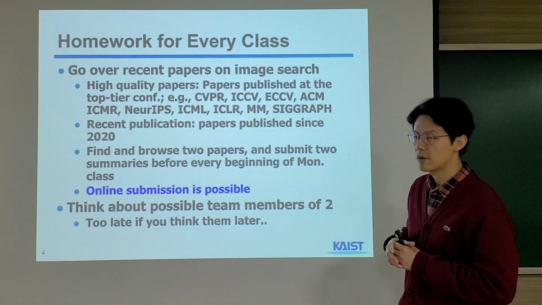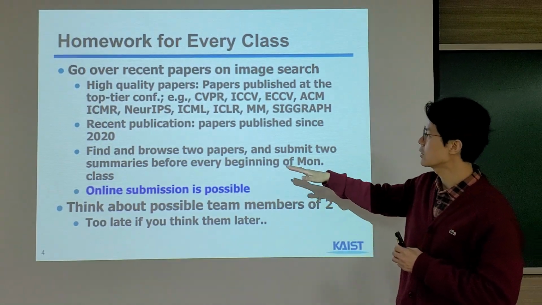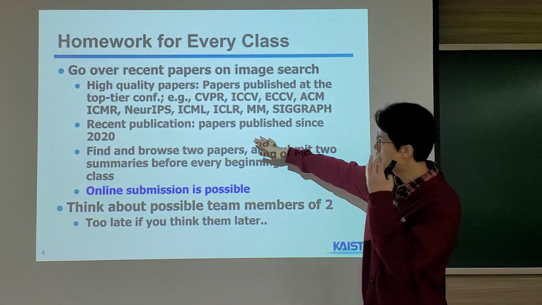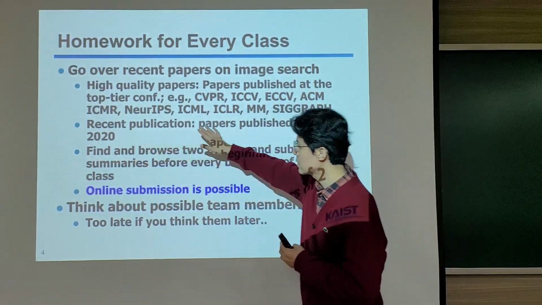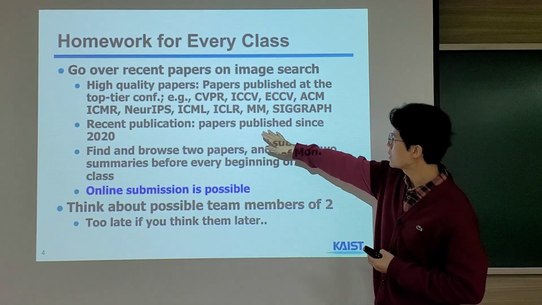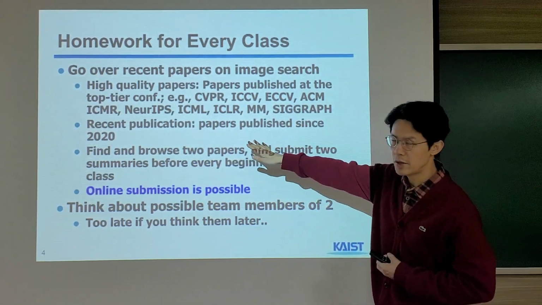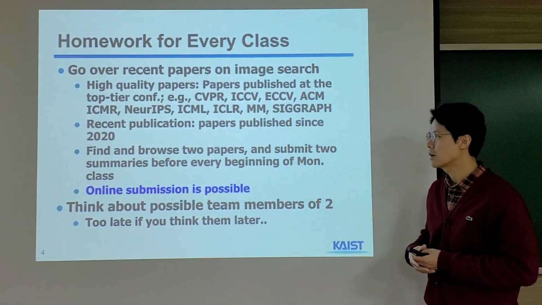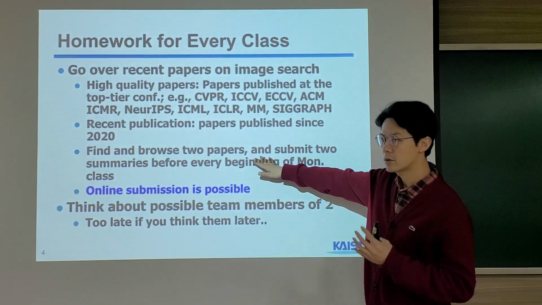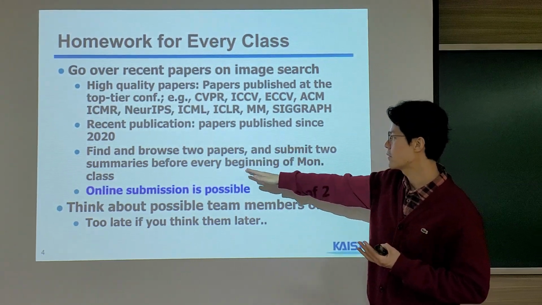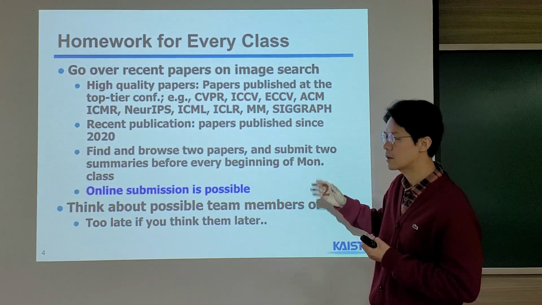Also, for the paper presentation, you need to present a paper that was published recently. So this is one of the constraints. For the paper presentation, the paper should be published since 2020. And then again, you need to browse 2 papers, also videos, and submit 2 summaries before the beginning of every Monday class.